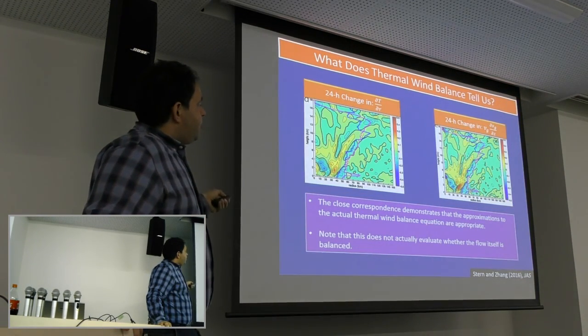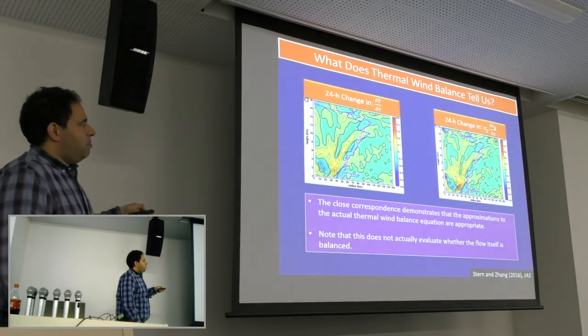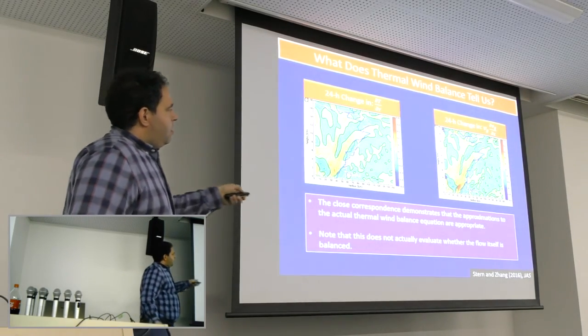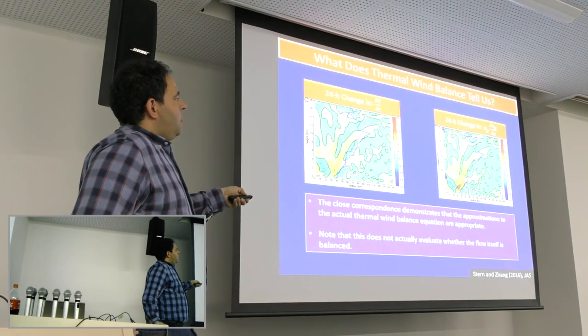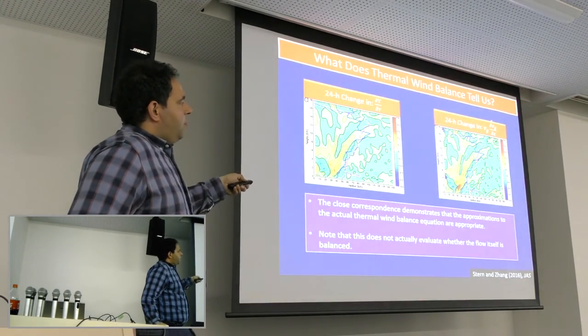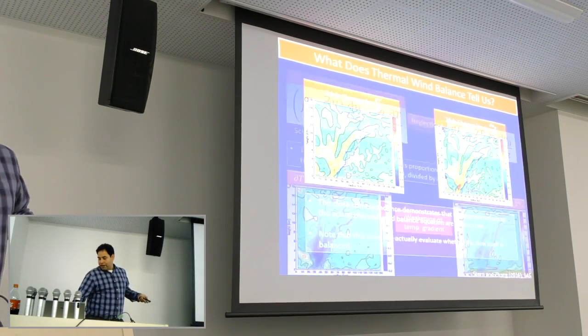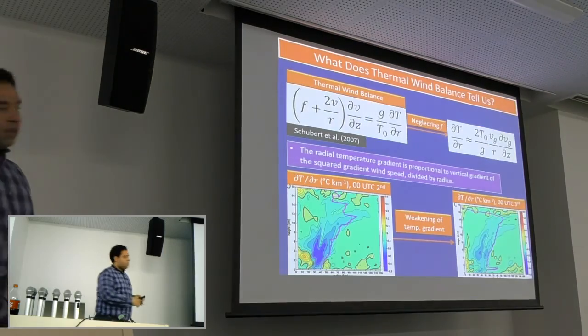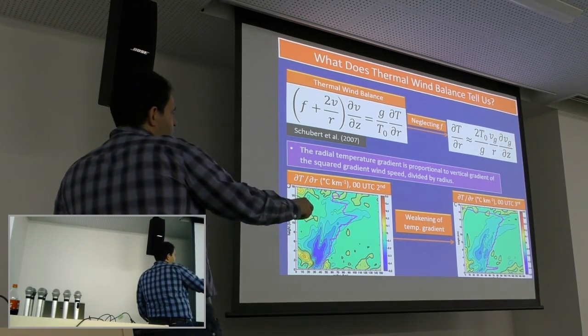And just to demonstrate that the approximate form of thermal wind balance that I'm using is valid, on the right is the 24-hour change in Vg times dVg/dz. So if we go back, that's this term here.